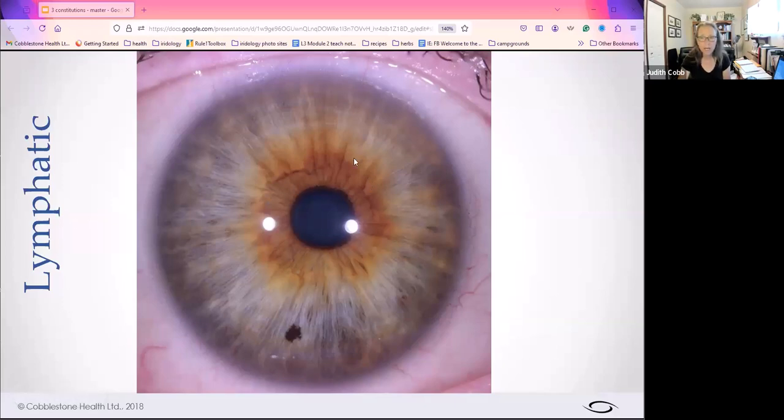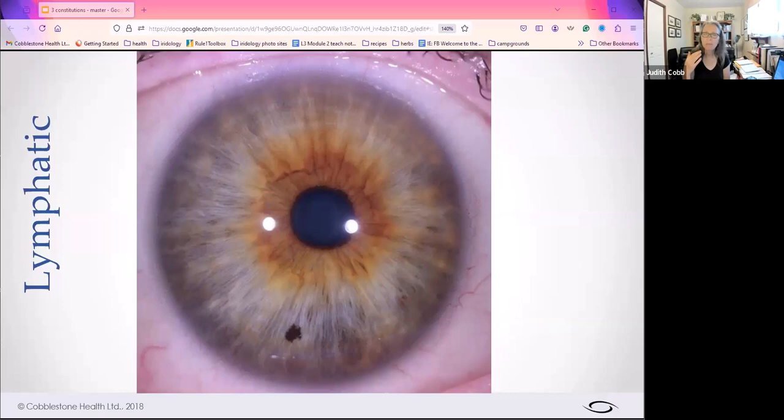All of these other colors give us more layers of information. And the more layers of information we can see quickly and understand quickly, the faster we get to the root of the problem. So again, these people tend to be a little more predisposed to thyroid issues, right?